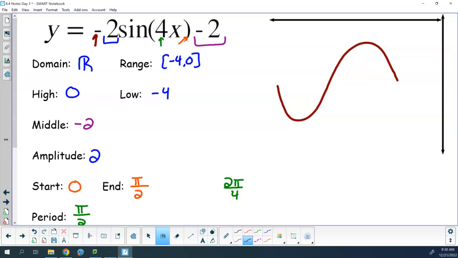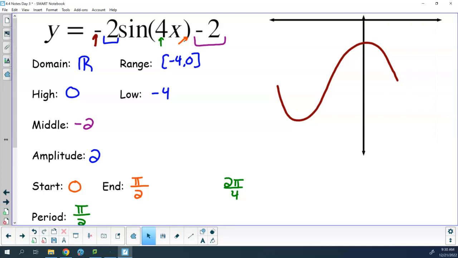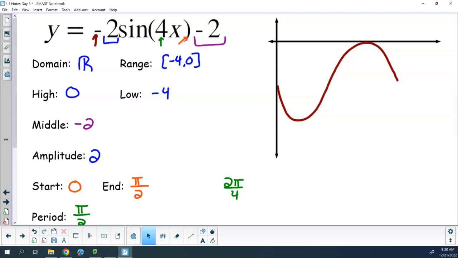So we started at 0, so that means that my verticalness would be over here. Our high was at 0, so that means that my horizontalness would be right there.